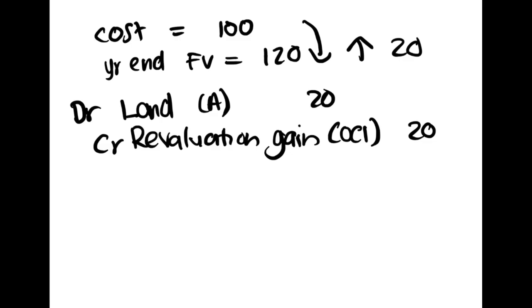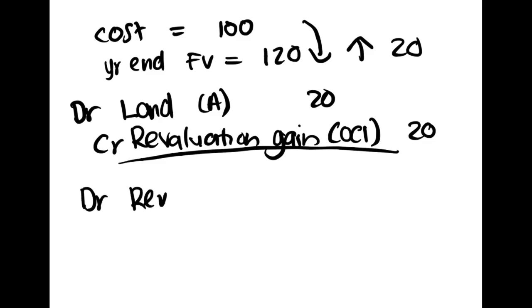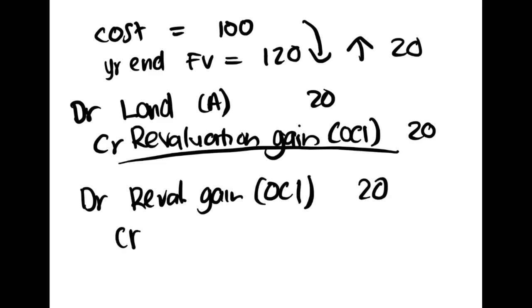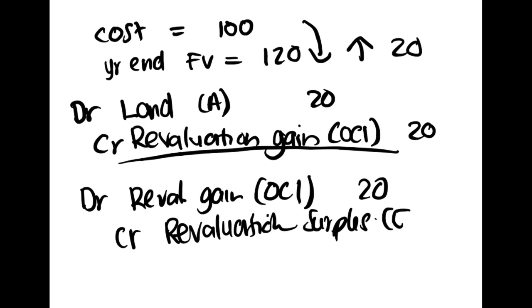Okay, and this revaluation gain must be closed off to a revaluation surplus. So in order to do that closing journal entry, we would say debit the revaluation gain in OCI 20, and we are going to credit the revaluation surplus in equity, which is 20.